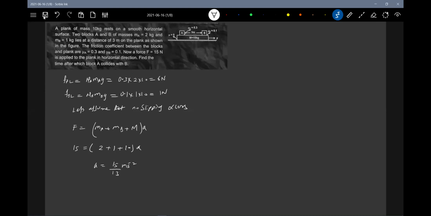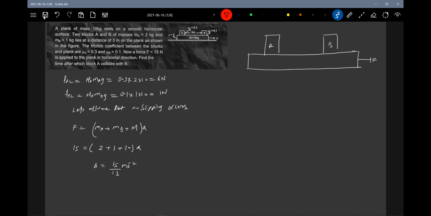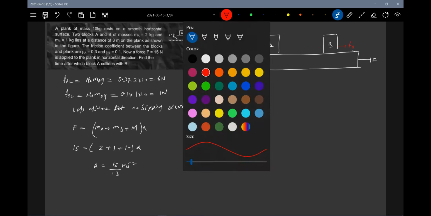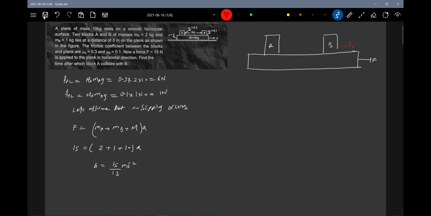Now what we have to do is take the plank and bring this diagram into the picture. We have applied a force. The frictional forces acting here are FB and FA. The direction of the frictional force should be towards the right.